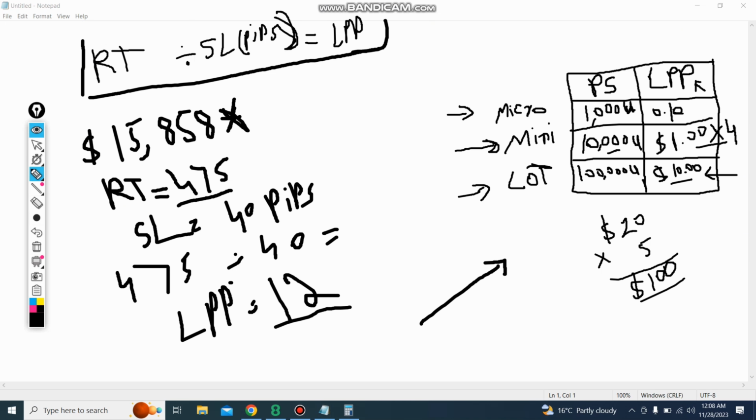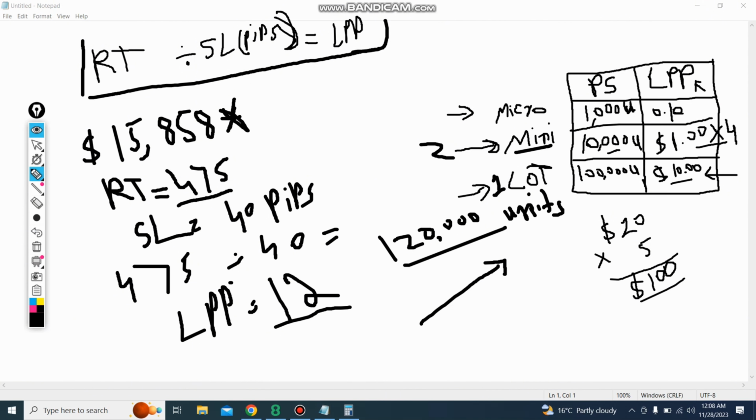We can either do 12 mini lots or you can do one standard lot and 2 mini lots. What this means essentially is that our position size is going to be 120,000 units, which you should just be able to type into any brokerage account for your position size.